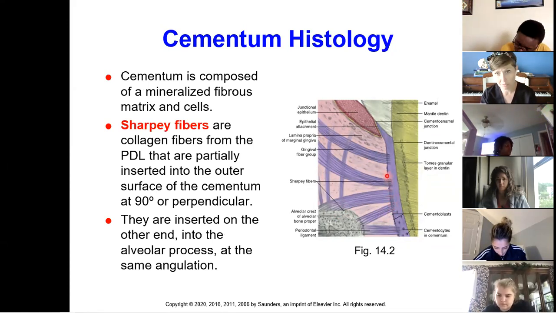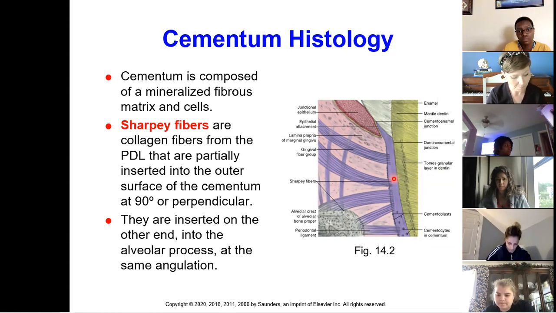They're collagen fibers that hold on to the cementum, and then they hold on to the bone. So they're on both sides. They're these little lines here, and then these little lines that go into the bone.